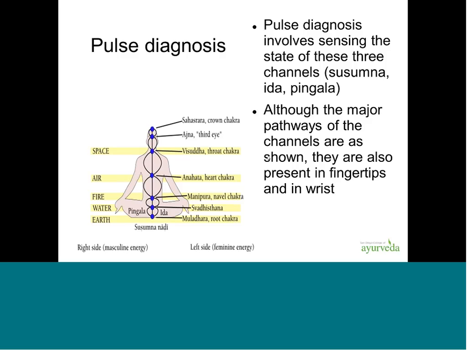And you are trying to very sensitively sense a very subtle movement of their energies. And by that, with practice, you are able to become aware of issues involving the chakras and the nadi circulation in that person's body.